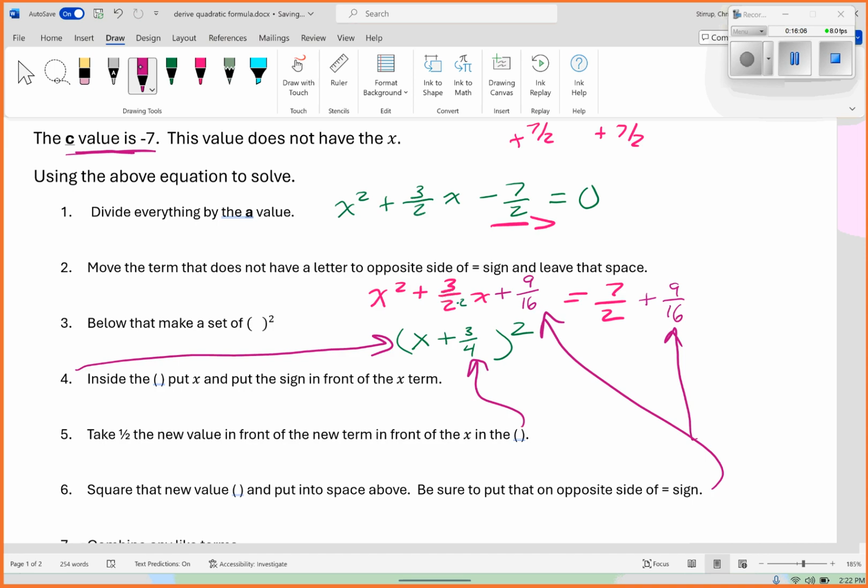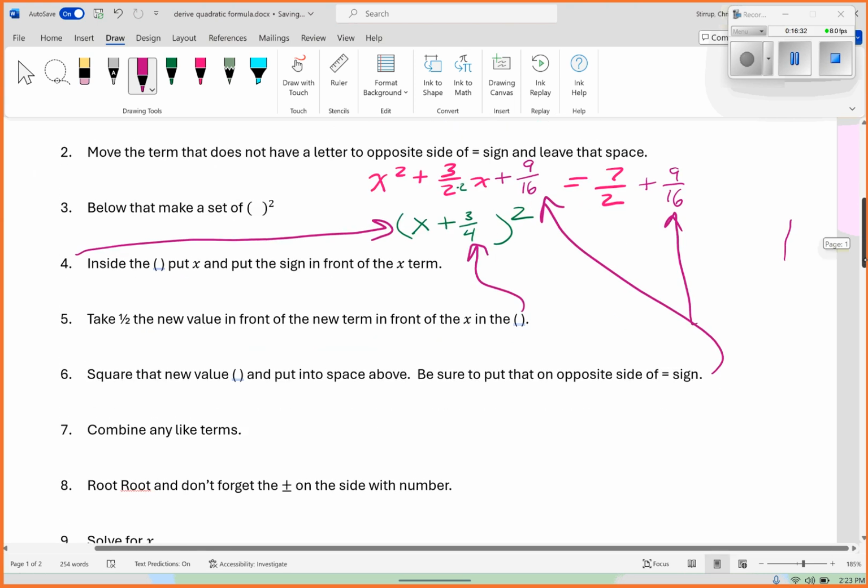We did that. Okay? Take half the value in front of the new term. Half of 3 over 2 is 3 over 4. So put that in there. Square that new value. 3 over 4 squared is 3 over 4 times 3 over 4, or 3 times 3 over 4 times 4, which is 9 over 16. Okay, does it seem okay with our stuff?